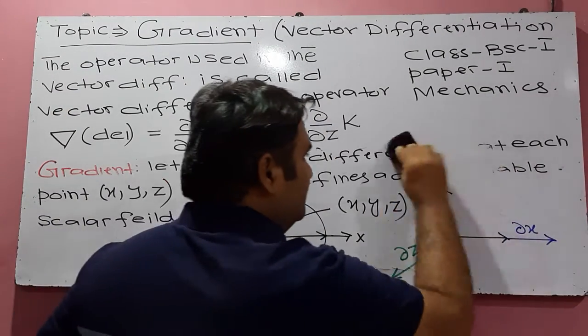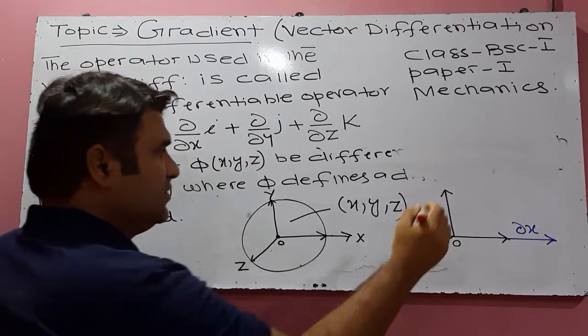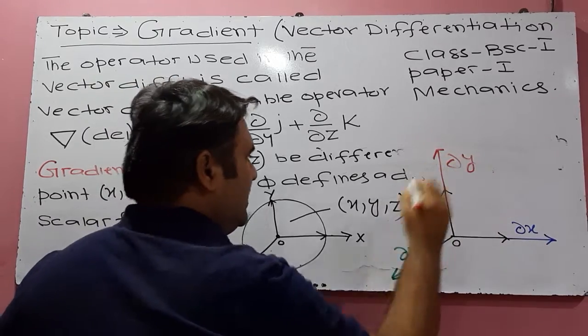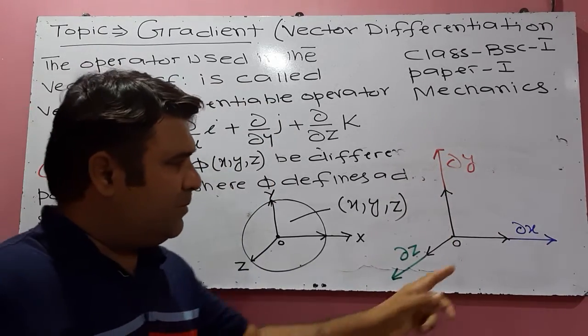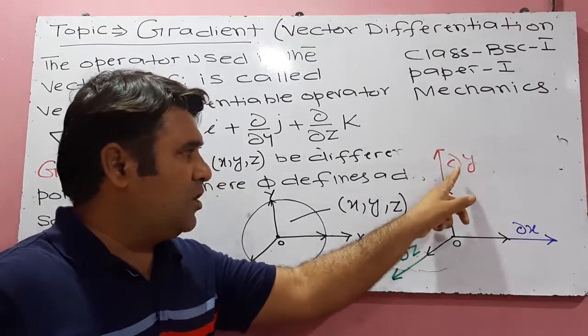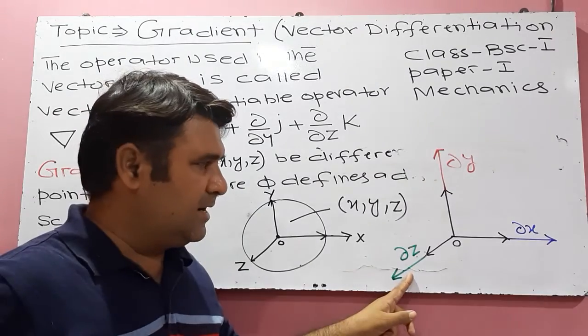So this is the change along the y-axis. This is a partial difference. This is a partial change along the x-axis, partial change along the y-axis, and along the z-axis.